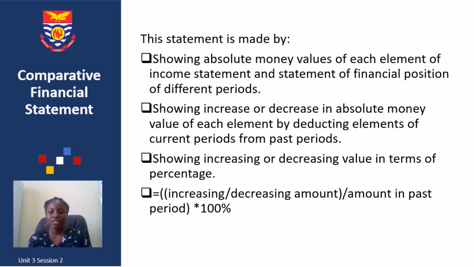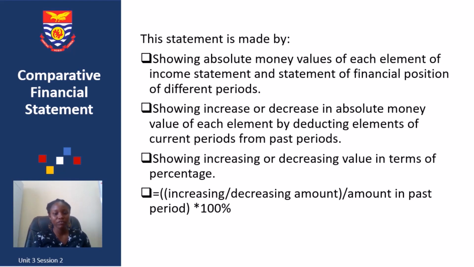So let's take the statement of financial position: you have the absolute money values of all your current assets, all your current liabilities, all your non-current assets and liabilities, as well as equity. And now you can show the increasing or decreasing absolute money value of each element, and that is done by just finding the difference between the current period and the previous period.